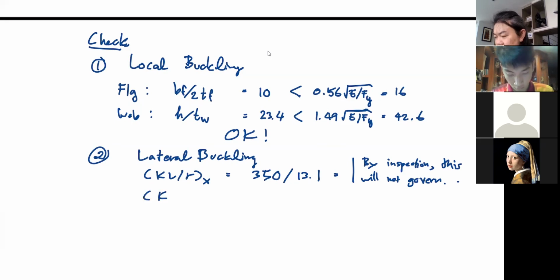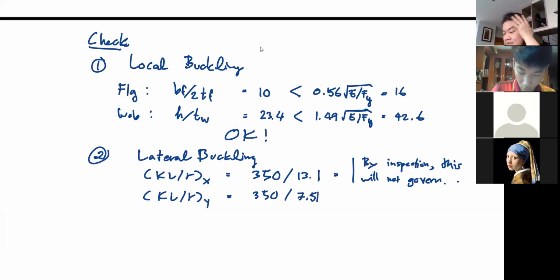And KL over RY, excuse me. All right, so for the y-axis it is again 350, but RY is 7.51.